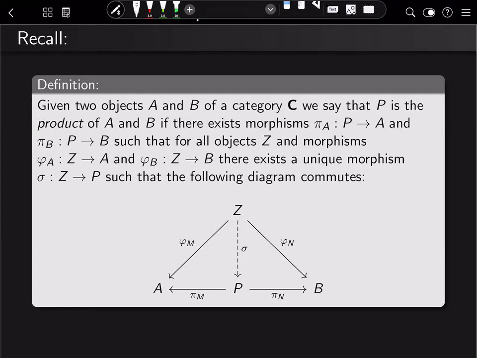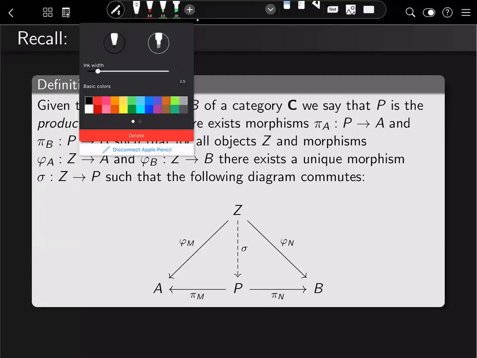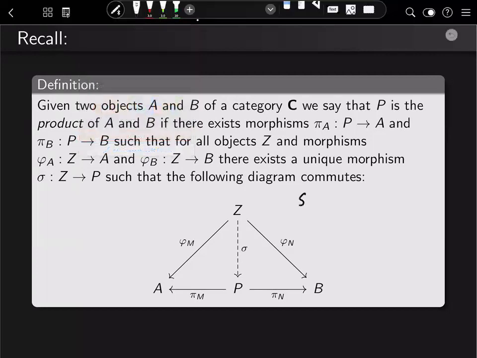Examples of this, of course, will be if we have two sets, A and B. Then we define their product, the standard way of defining it, A cross B, their Cartesian product, to be equal to the set of all pairs (a, b) such that a is in A, b is in B.